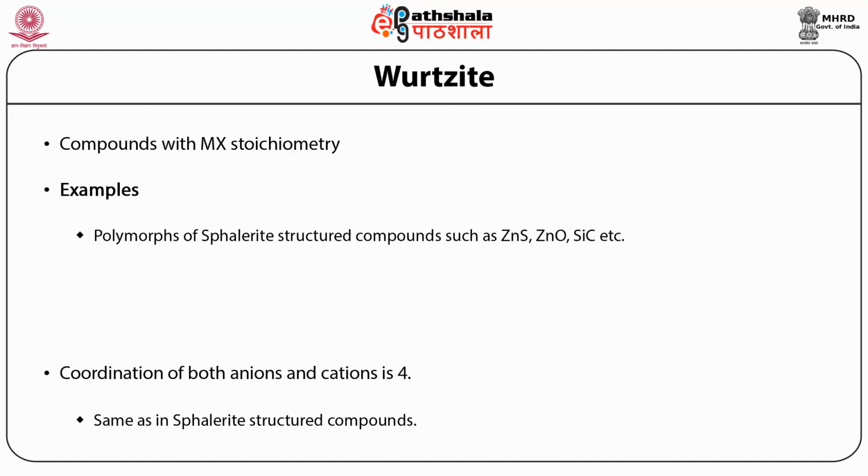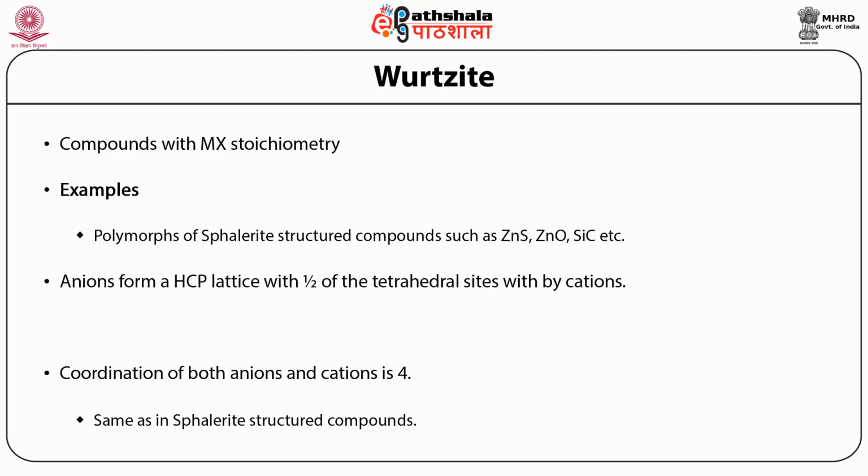In this case, the anions form an HCP lattice, that is hexagonal close packed lattice, with 1/2 of the tetrahedral sites filled with cations. The only difference to sphalerite structures is that here anions pack in the form of ABAB, and so on, stacking.